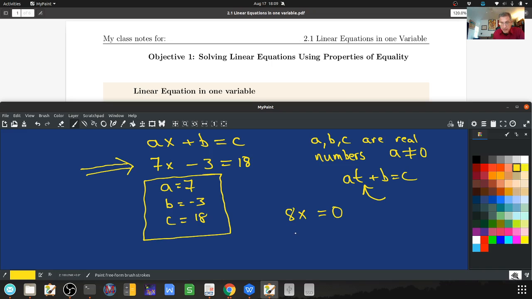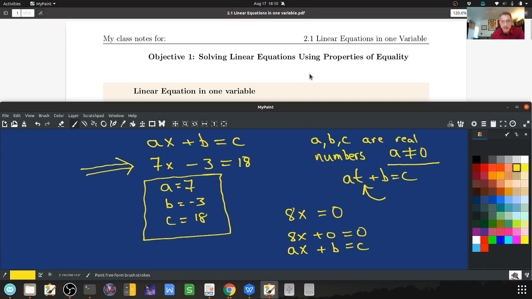It can be written as 8x plus 0 is equal to 0, and that has the form of ax plus b is equal to c, in which case b is equal to 0 and c is equal to 0. But that's okay, because our only restriction is that a is not equal to 0.